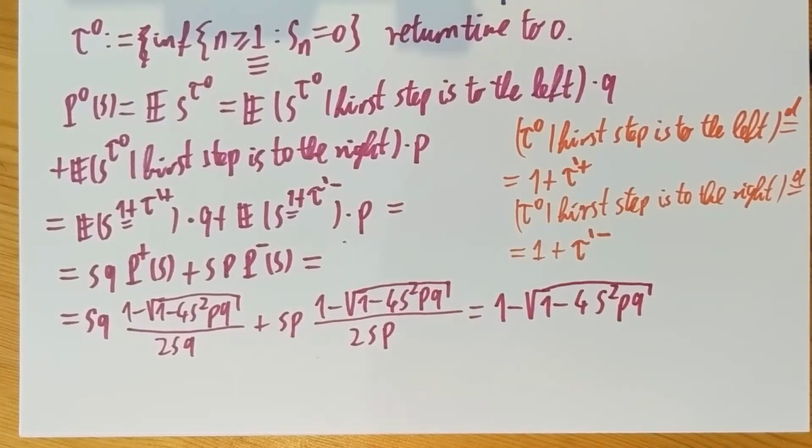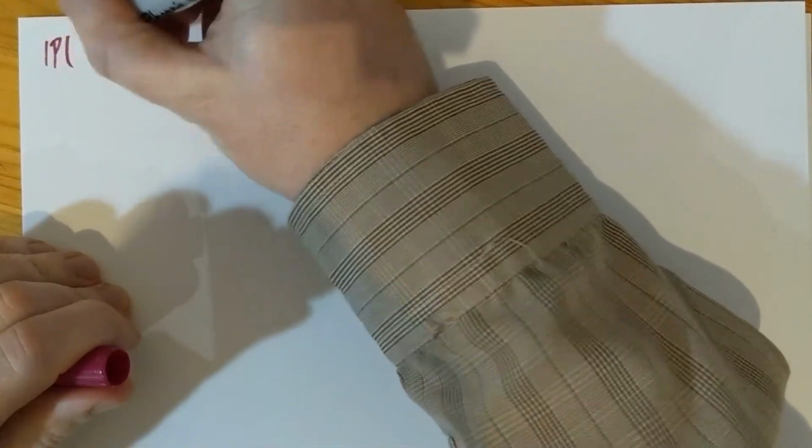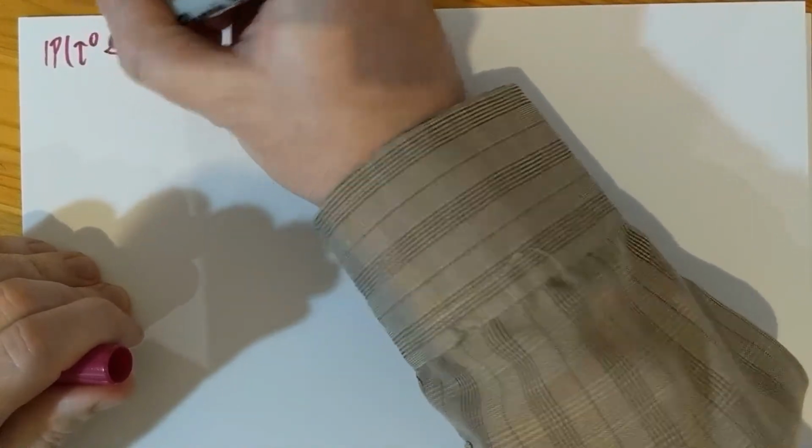All right, now the usual questions arise, of course. Let's find out whether the random walk return time to the origin is finite and what its expectation is. And the way to do that is going to be pretty much the same as before. So the first question: what is the probability that tau naught is finite?